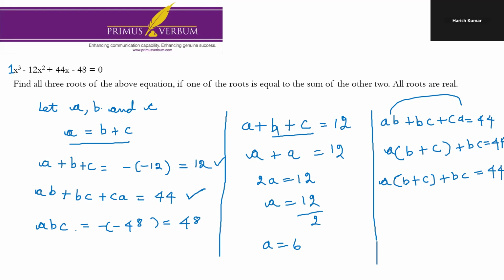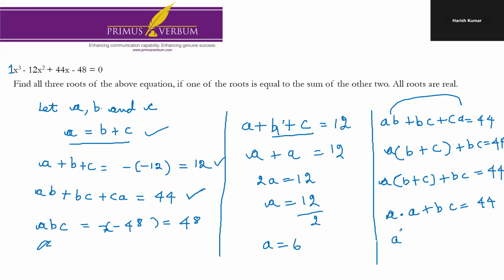Now, we already know that B plus C is equal to A. Therefore, I can say A into B plus C is A into A, plus BC is equal to 44.